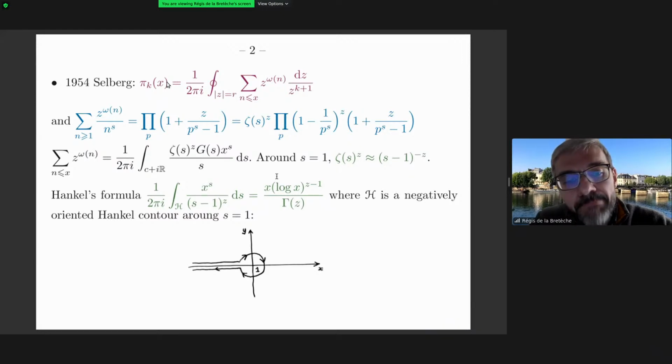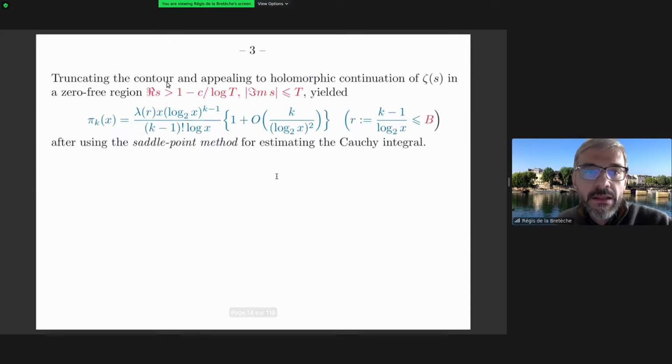And so it's very crucial for the Selberg method to understand how we can handle this Hankel contour. So then we truncate the contour using the holomorphic continuation of zeta of s in the zero-free region.